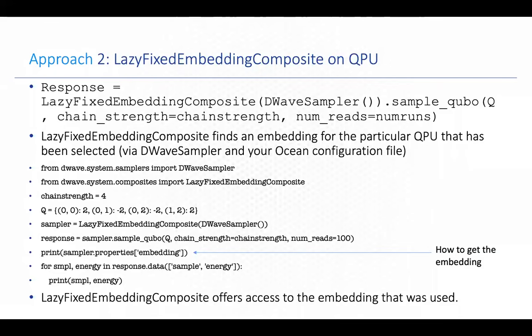And so what we expect if we were to run this a lot of times is that for this small problem, briefly here, if you look at this Q, I've got qubit 0 there and qubit 1, there's a coupler between them. And qubit 0 and 2, there's a coupler, and there's 1 and 2.